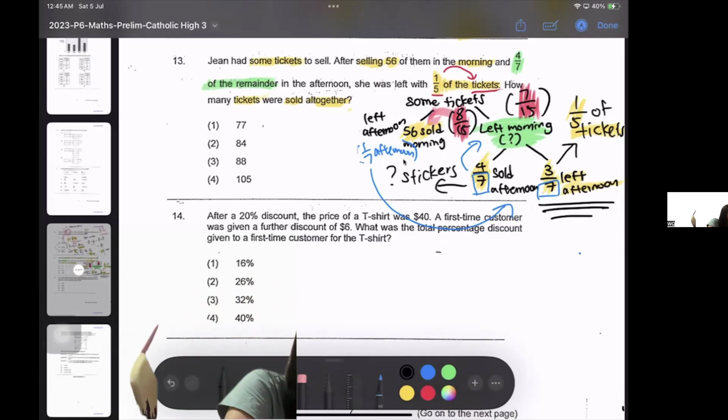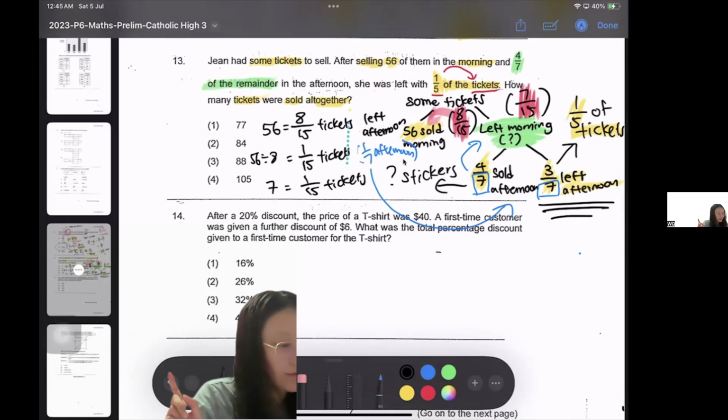So 56 equals to 8 out of 15. So 1 out of 15 of the tickets is equals to 56 divided by 8, which is the same as 7, equals to 1 out of 15 of the tickets.